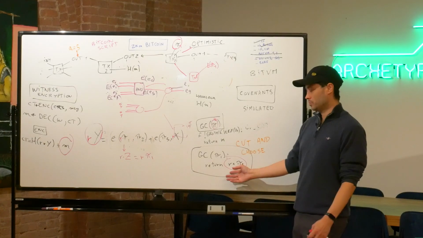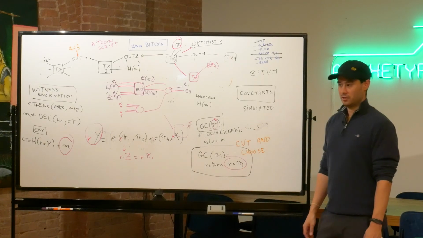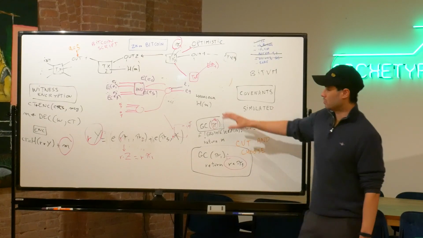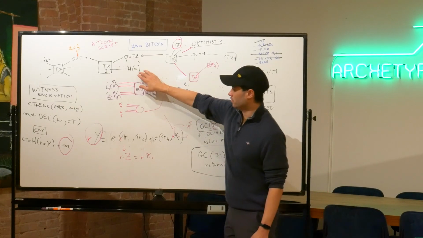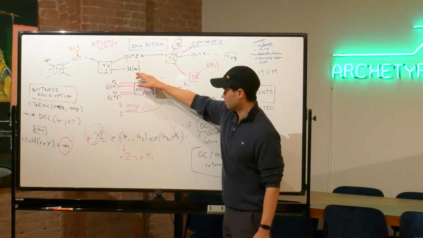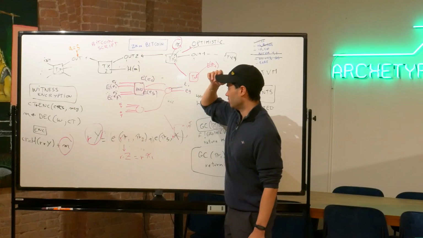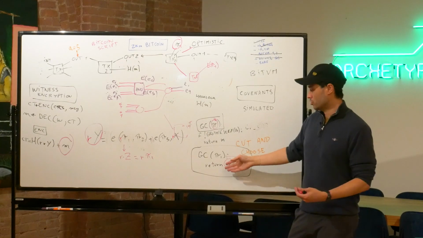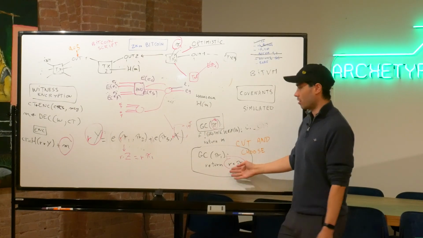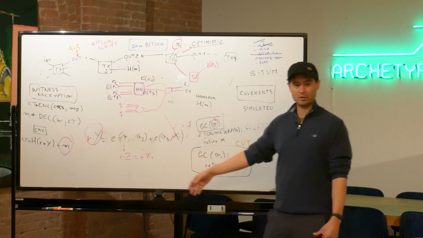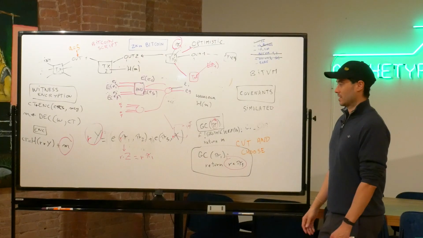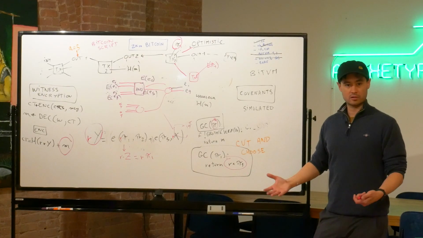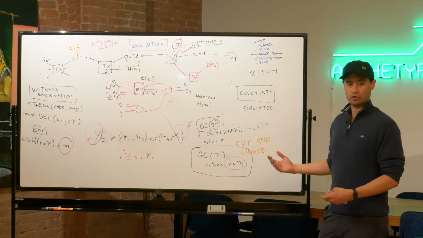You don't know one of the inputs, which is R. And that's why during the cut and choose, every time you have to create that transaction graph, and you have to verify that this is the... every time you have to use a different R, because you're opening these circuits, you need to verify that this R corresponds to the witness encryption one. So that's how you make sure that the R is correct with the cut and choose approach.